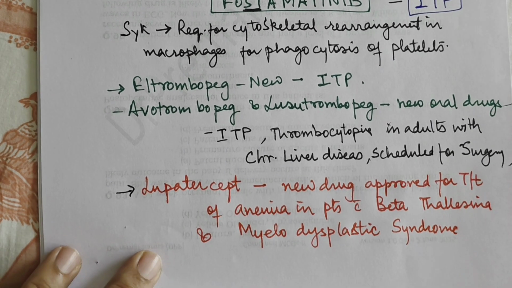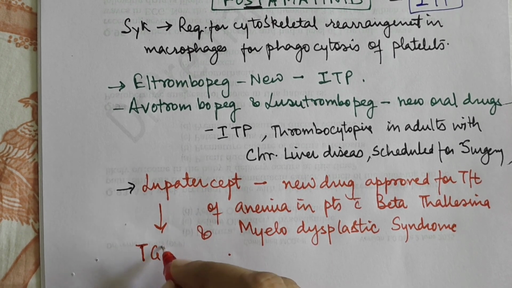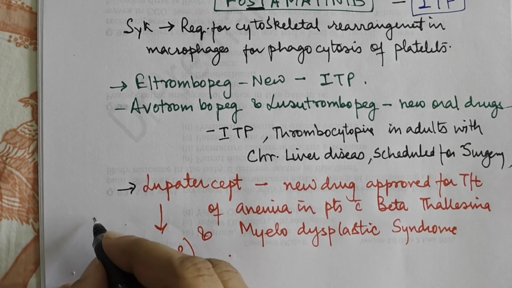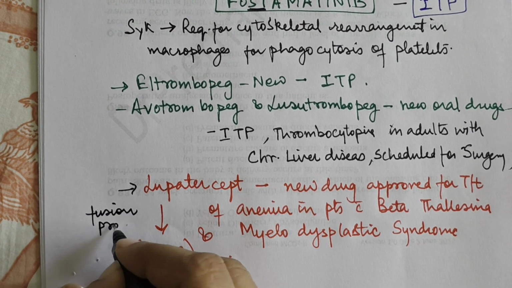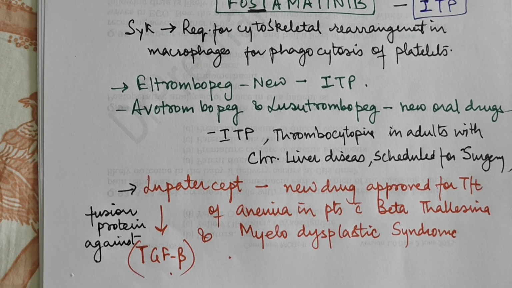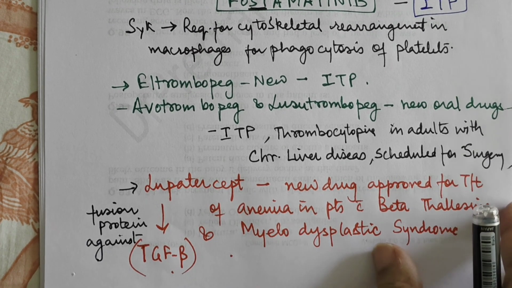Okay, this is basically active against TGF beta, transforming growth factor beta. This is basically a fusion protein against TGF-beta. So luspatercept is used for anemia in patients with beta thalassemia and myelodysplastic syndrome. So this was about the growth factors.